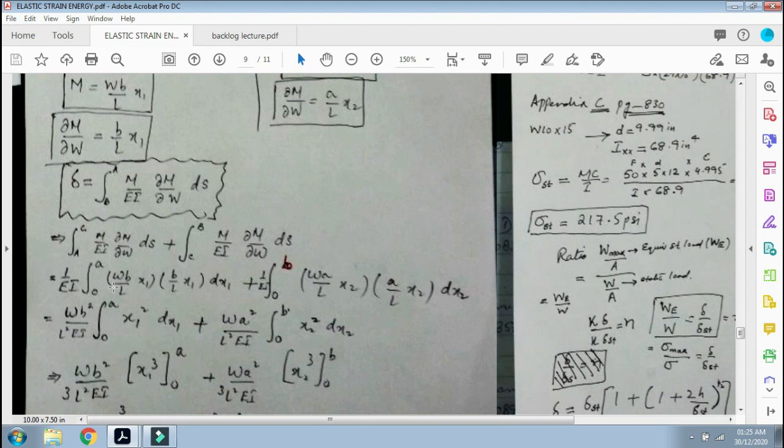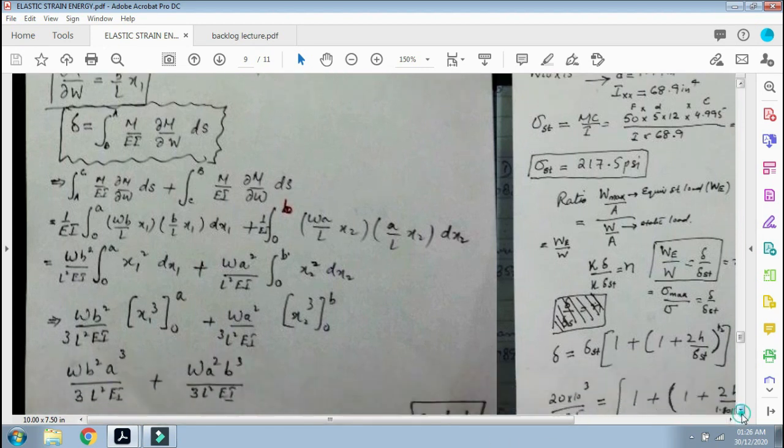Now Wb² upon L²EI can be taken out, and we are left with the integral of x1² dx1, plus the same with x2² dx2. Simple integration gives Wb² upon 3L²EI times x1³ from 0 to a, plus Wa² upon 3L²EI times x2³ from 0 to b. Applying the limits, it becomes a³ here, and b³ here.